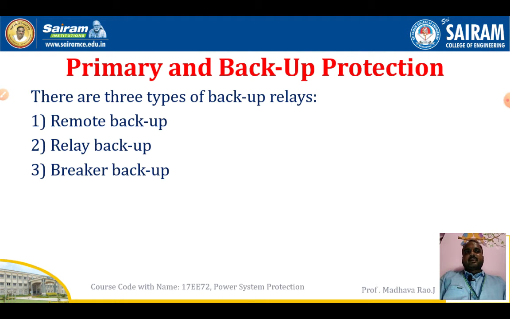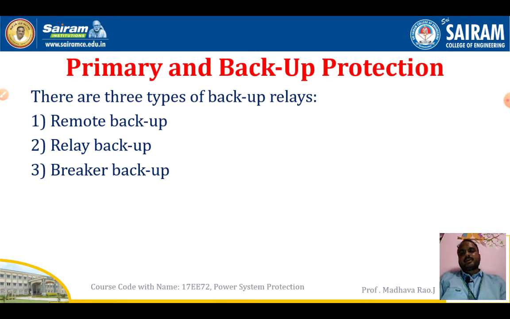When backup relays are located at a neighbor station, they back up the entire primary protective scheme, which includes the relay, circuit breaker, voltage transformer, current transformer and other elements. So in case of a failure of the primary protective scheme, what do we have to do? We need to go for remote backup.